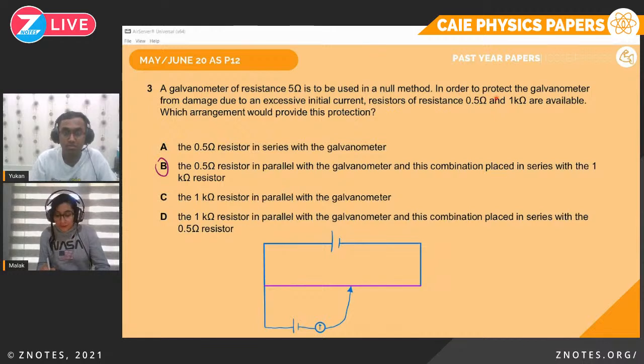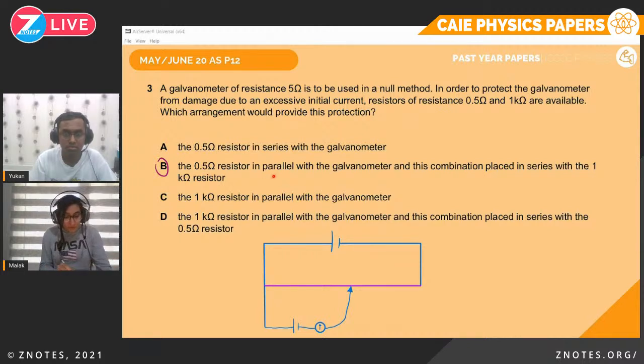In order to protect the galvanometer from damage due to an excessive initial current, resistors of resistance 0.5 ohm and 1 kilo ohm are available. Which arrangement would provide this protection? The 0.5 ohm resistor in series with the galvanometer. In series, it wouldn't really give you that much protection because it's just adding 0.5 to the already existing resistance, which is not really helpful.